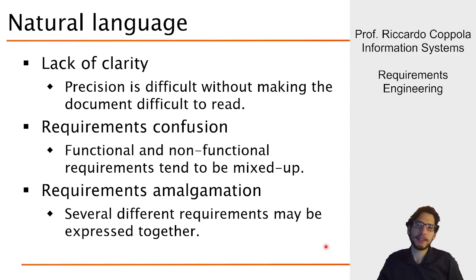I can also create the so-called requirements amalgamation. So I put all the different requirements together in a whole paragraph of text, which will be very difficult to disentangle and interpret in a reasonable way.